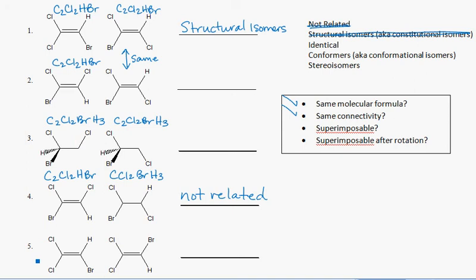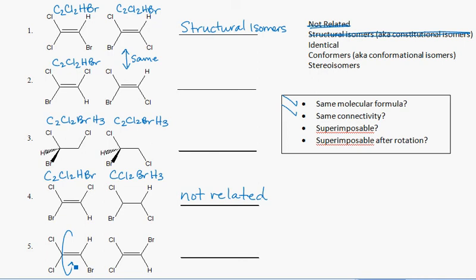If we look at number 5, if we try to pick up the first molecule and put it on top of the second molecule, you can see that the hydrogen and the bromine will not match up. But if we do what I call a pancake flip with it and flip it over in such a way that the entire molecule is flipped over, because it's flat, the chlorines will match up.